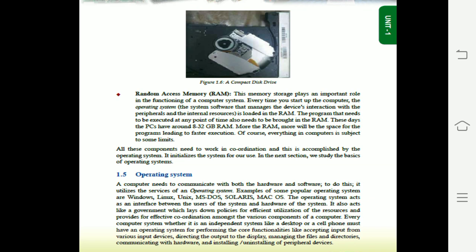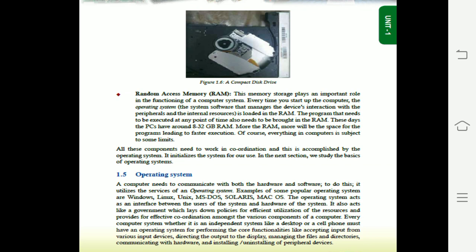Different companies are designing different types of operating systems like Windows, Linux, Unix, DOS, Solaris, Mac OS. These are the operating systems which act as an interface between the user and the hardware machines.